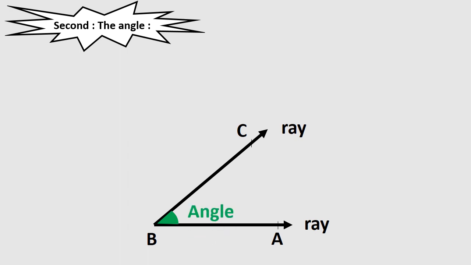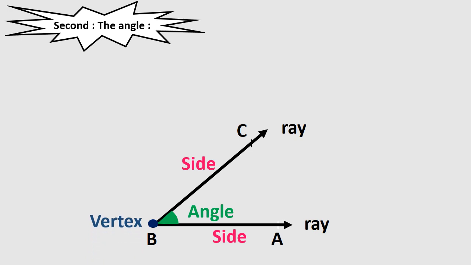Now we will recognize the angle. If I have a ray BA and another ray BC, they have the same starting point B. I will obtain an angle. BA is a side, BC is a side also, and B is called a vertex.